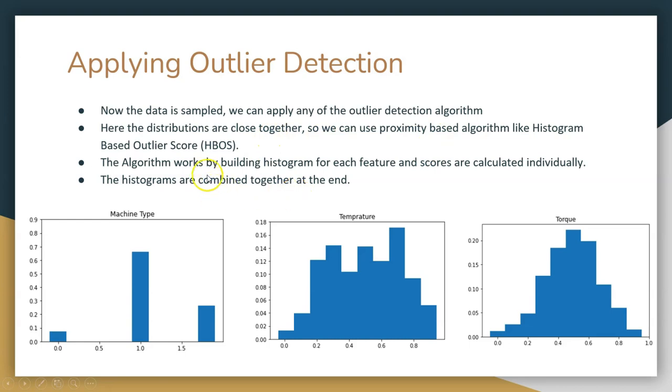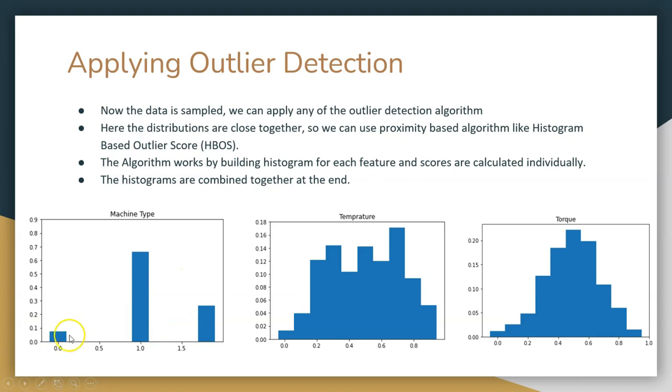Okay, the algorithm works by building a histogram for each feature, and scores are calculated individually. The histograms are combined together in the end. So the ones that you see at the extremes, these are the outliers. In the world of histograms, these are known as bins.